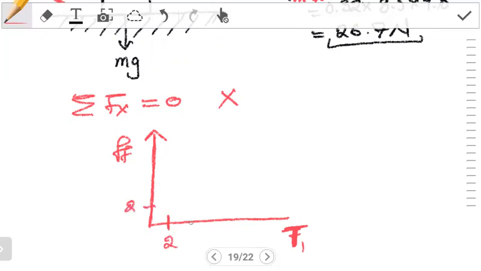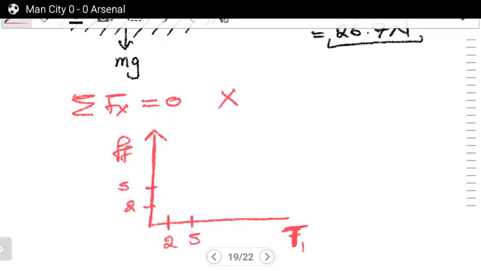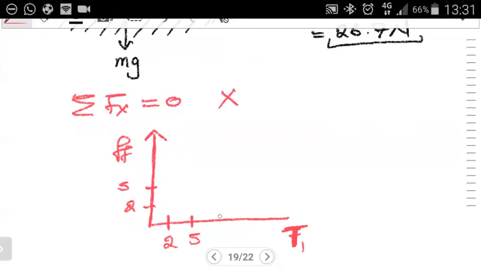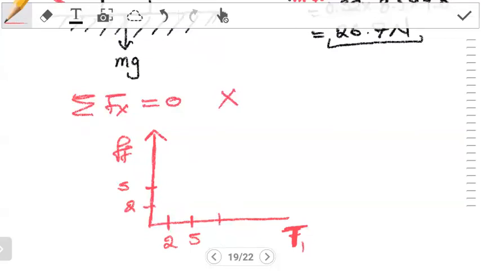If you change the T1 now to be, let's say, 5 newtons, force of friction will also change to 5 newtons. Take the applied force to, let's say, 20 newtons. Of course, don't take the spaces to be to scale. Frictional force will also get 20 newtons. So I hope you're seeing what is happening. The force of friction is always proportional to the force applied.